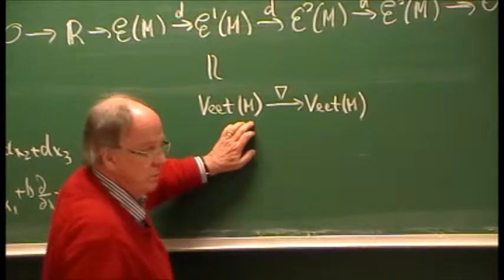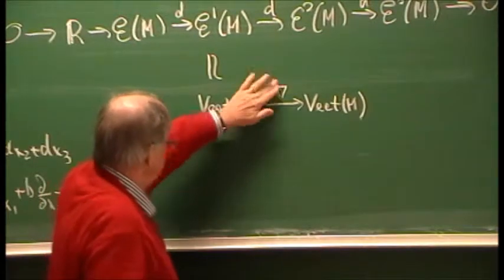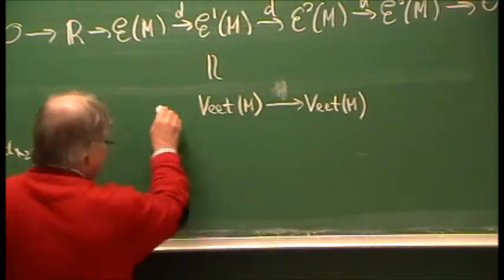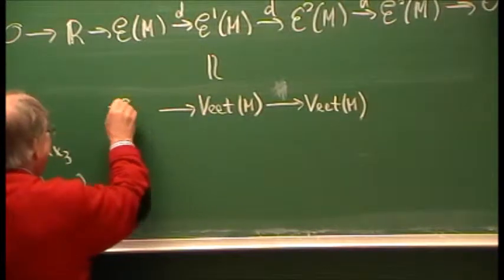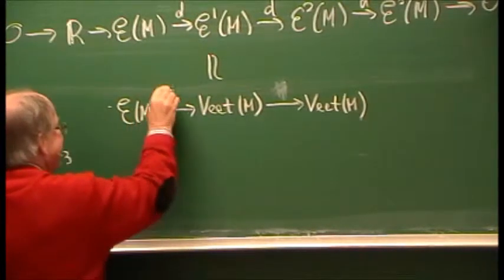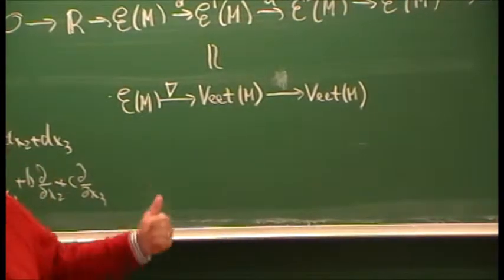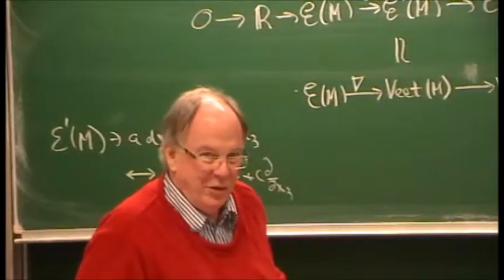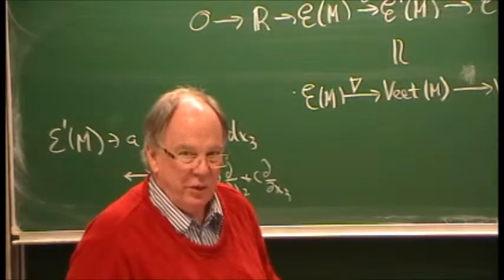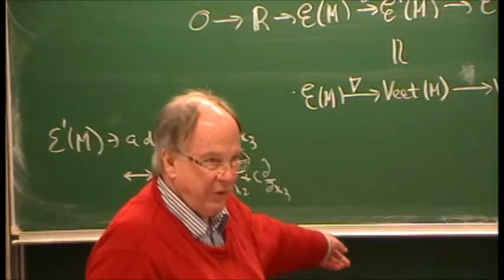We don't have gradient? Oh, no, I'm sorry. We have to start here, right? Okay. Yeah, I started too far forward. So d of a function is interpreted using the standard coordinates as the gradient of the function. Right?